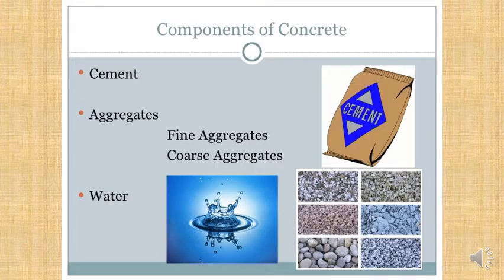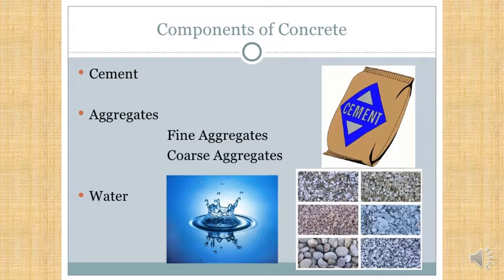So, what are the components of concrete? Well, remember, concrete is basically a composite of cement, water and aggregate. Do not confuse cement with concrete. I think in Kurdish, or at least in Arabic, I know that the word cement can be used to mean concrete.